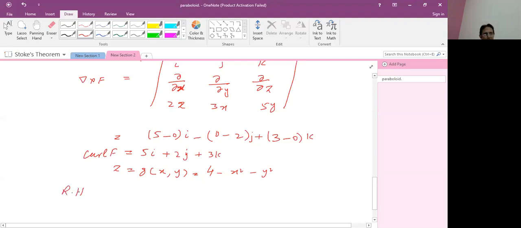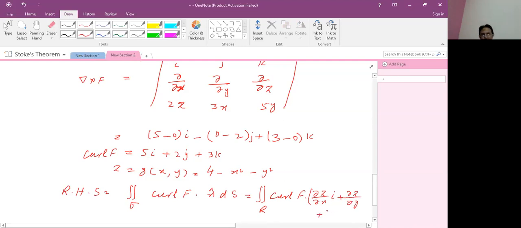Therefore the right hand side is equal to the double integral over R of curl f dot n cap into ds, which is equal to the double integral over R of curl f dot (dou z over dou x i, dou z upon dou y j, plus k) into dA.